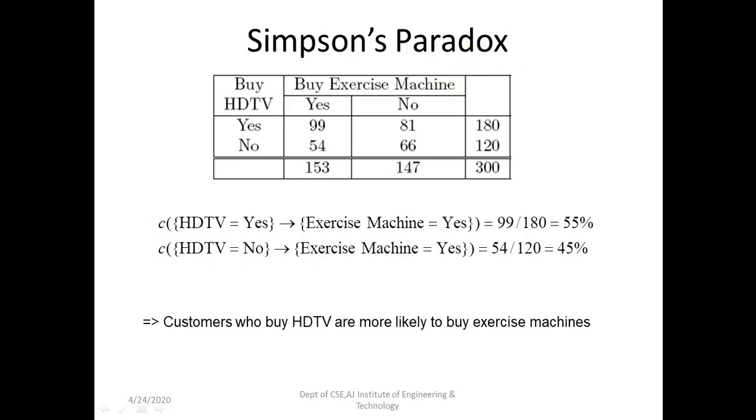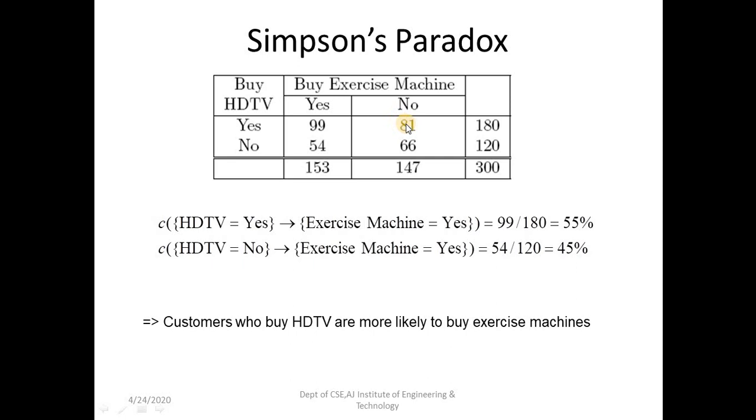Now if you see here, this is a two-way contingency table, correct? Here in the table you're showing the customers who buy HDTV and customers who buy exercise machine. So 99 customers buy both HDTV and exercise machine.